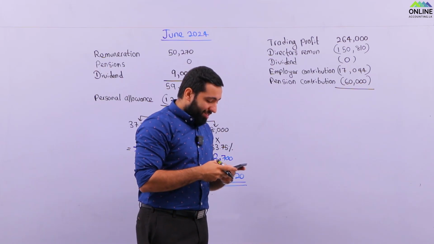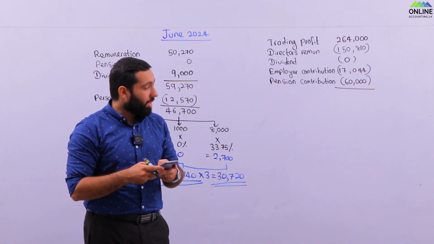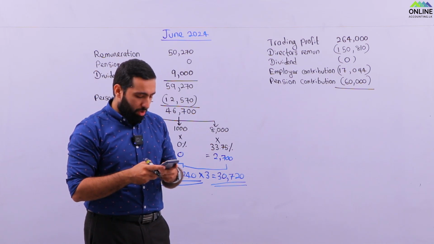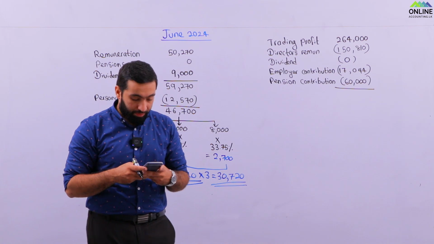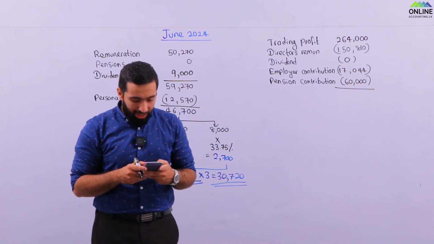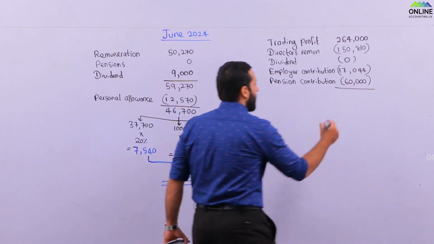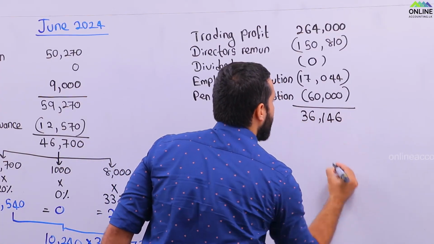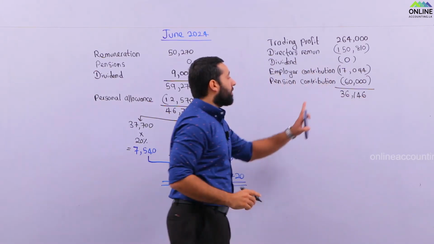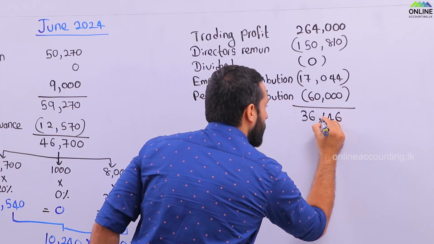Yes, so 264,000 minus 150,810. Then you again reduce 17,044, and then you reduce 60,000, and this will give you 36,146. So that is the value, 36,146. I hope this is the figure that is available in your suggested solution also.